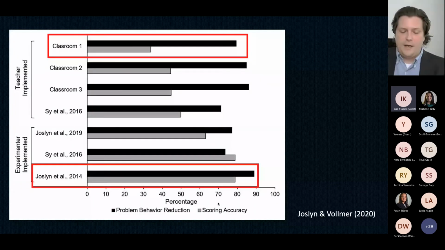So in the bottom highlighted part of the graph, the behavior analyst implemented the good behavior game at about 80% treatment integrity and saw very similar levels of problem behavior reduction, which tells us that you don't need to be on it every single time there's a rule violation when implementing the good behavior game.